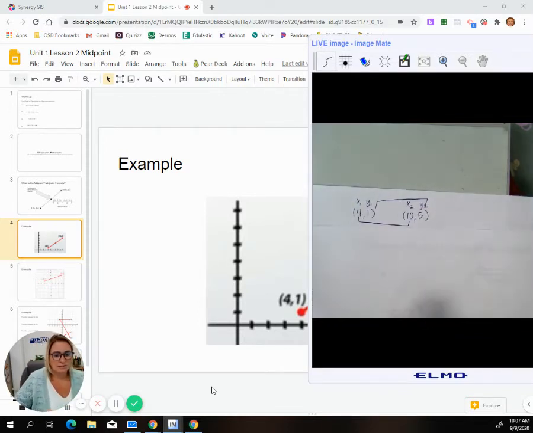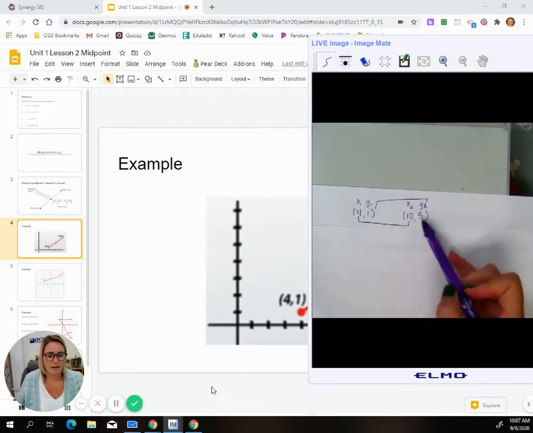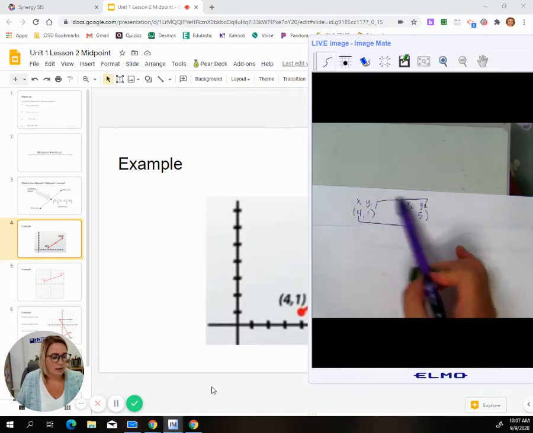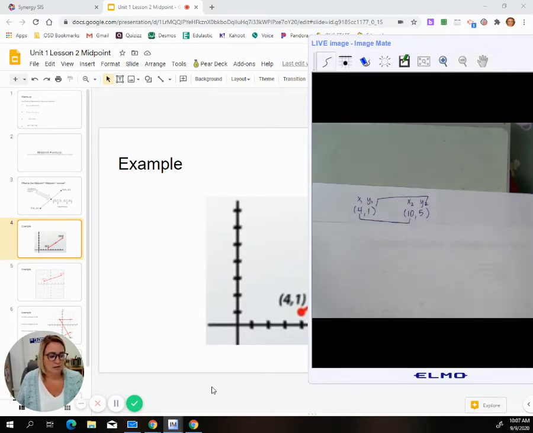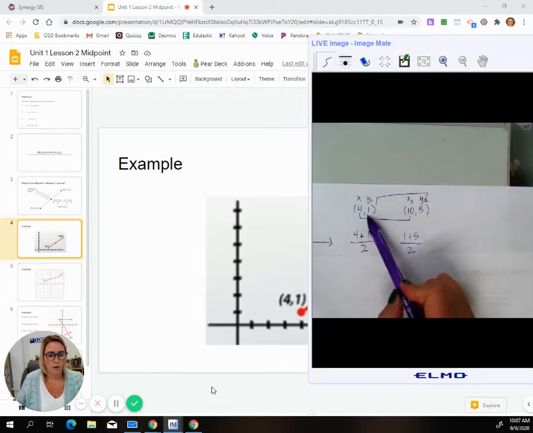So I have listed our two points. We have the point (4, 1). We have the point (10, 5). We are connecting our x's. We are connecting our y's. So the first step is to put them into our formula: x1 plus x2 divided by 2, y1 plus y2 divided by 2.